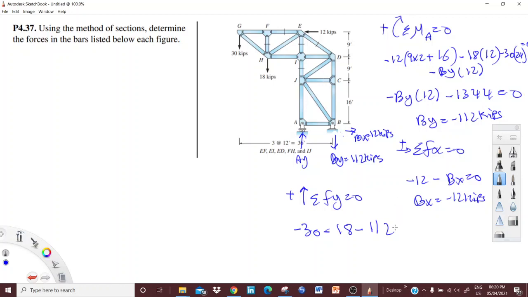And we have upward force, which is positive AY, equal to 0. So negative 30, negative 18, negative 112 will be equal to AY. It's going to be equal to 160 kips.